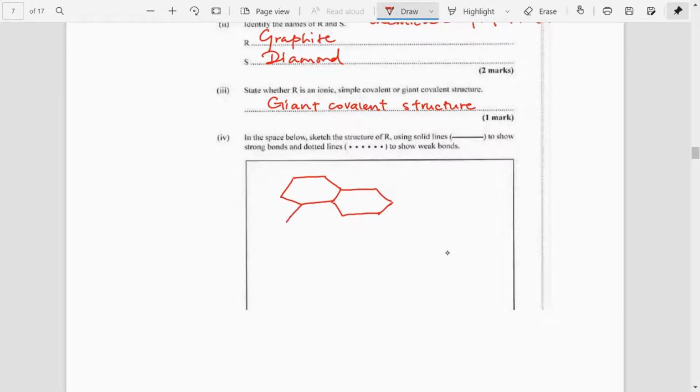Let's draw about 5 or so. And let's draw the next one here. Alright, let's draw another layer below it. So we can show our weak bonds, van der Waals, those are weak bonds.